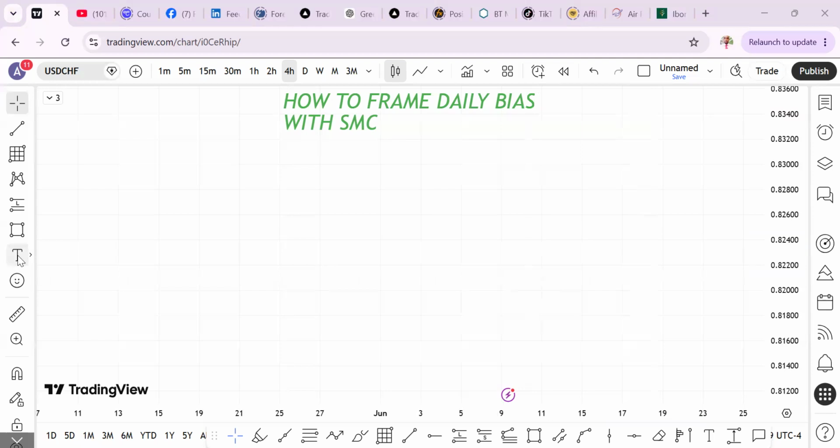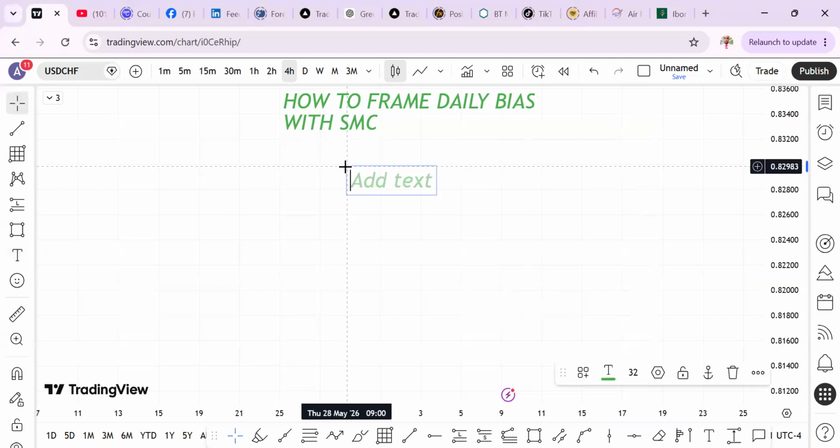We are looking out for 3 steps. Just 3 steps to frame your bias, to record your bias.